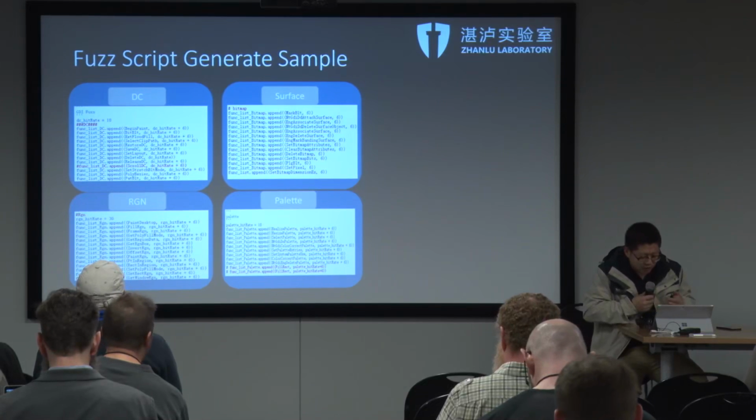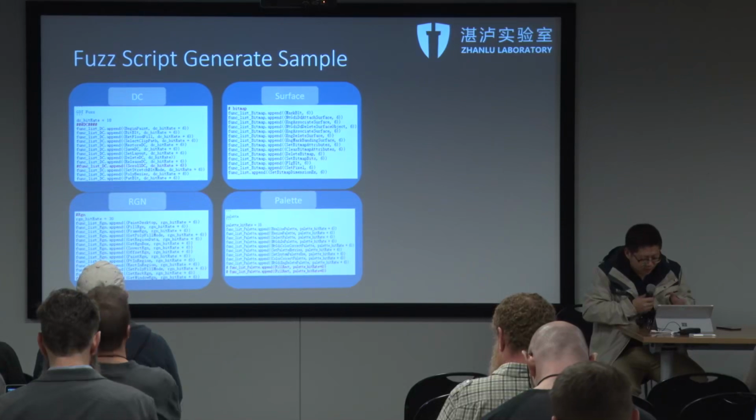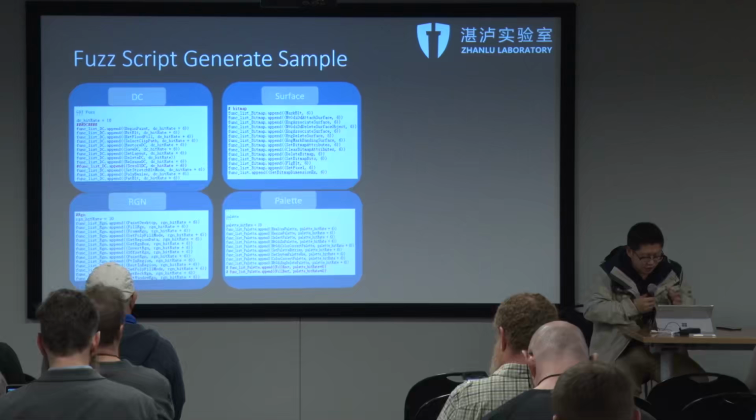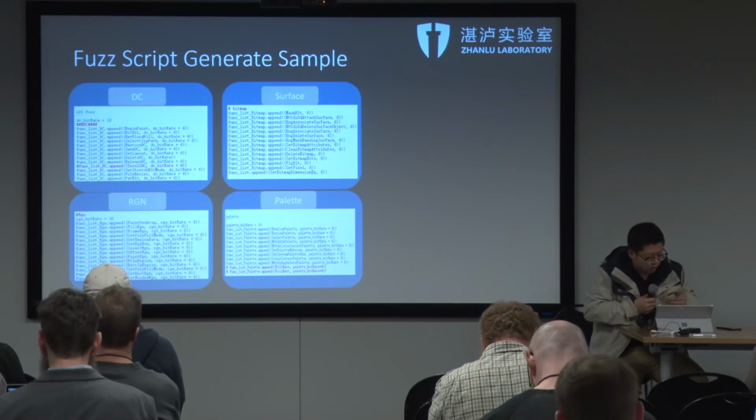You can see I put all the DC operations together, all the surface operations together, so we can randomly pick one from this object's operations to call, and then continuously loop the random call.